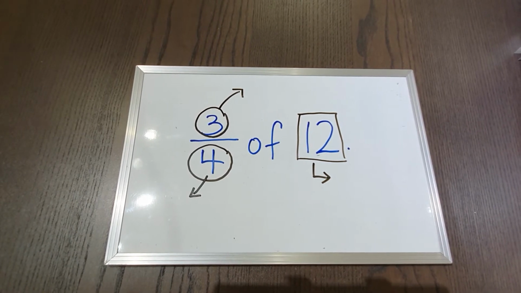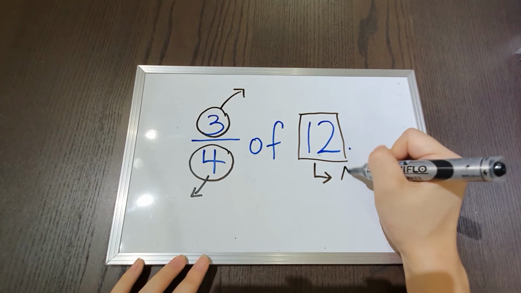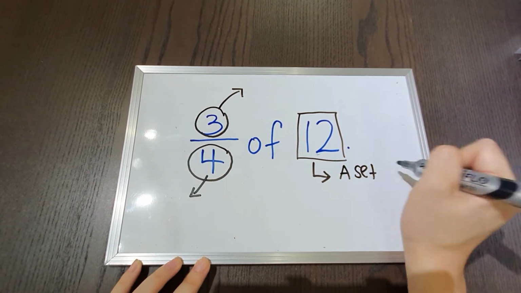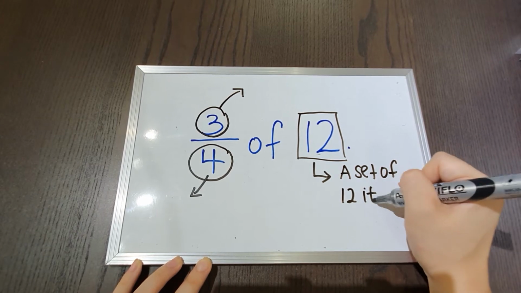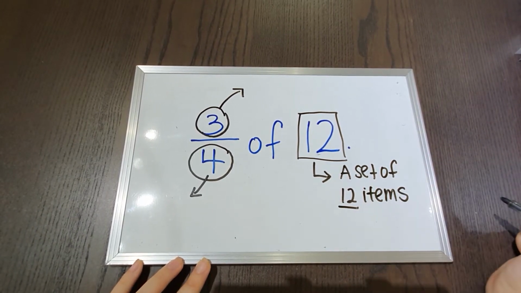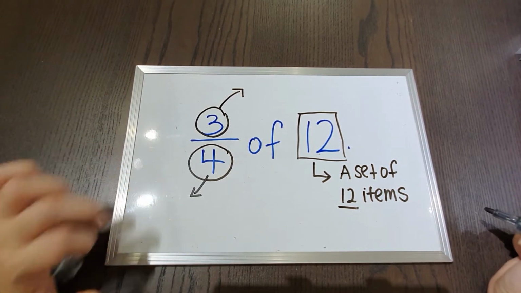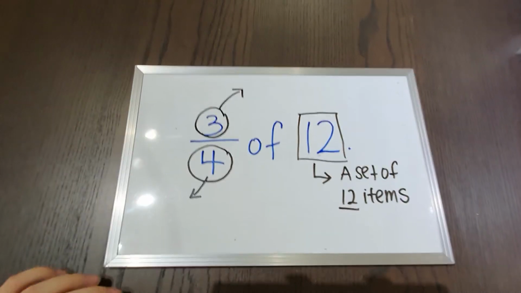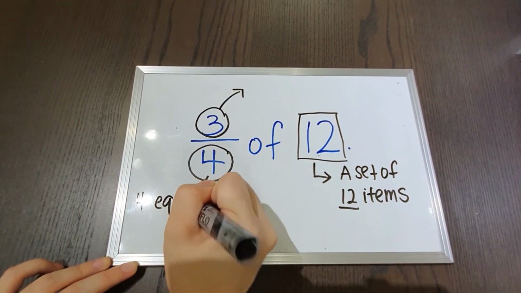The 12 here represents a set of 12 items. And the denominator of 4 means you have 4 equal groups.